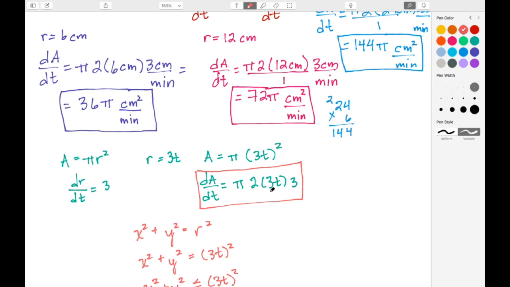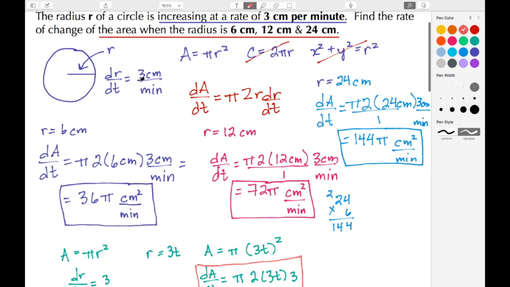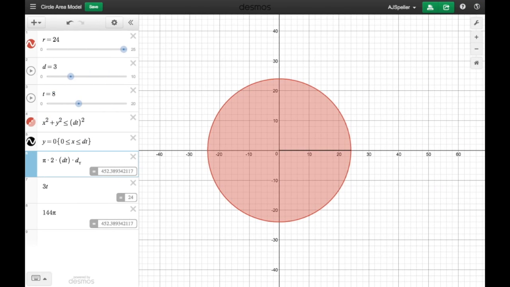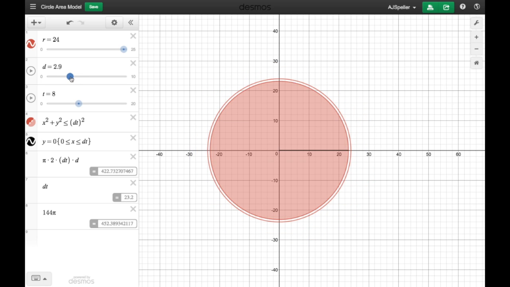I have to change this 3 into a variable because that symbolizes the rate of change over time of the radius. So that's why that 3 also became a D. And then this 3 here is also going to become a D. Now if I move this D around, you see that it also dynamically impacts what we're doing in this problem.